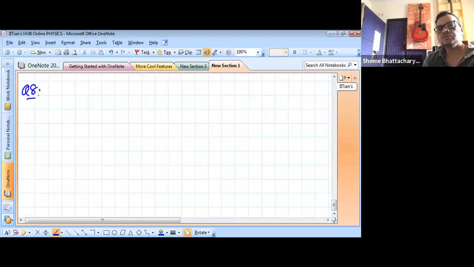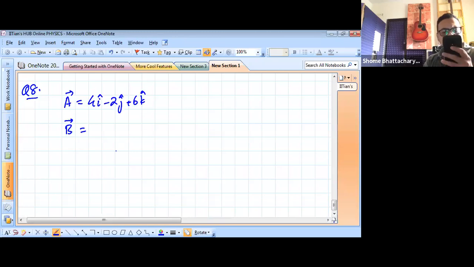What is happening in question 8 is two vectors a and b are given to us, and then we have to find the angle that the resultant sum makes with respect to the x-axis. Since they are three-dimensional vectors, a is 4 i cap minus 2 j cap plus 6 k cap, and b is i cap minus 2 j cap minus 3 k cap.